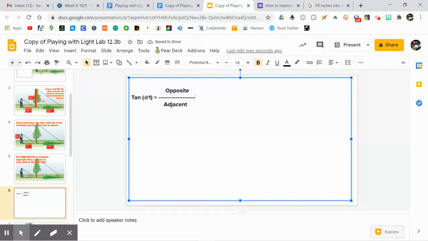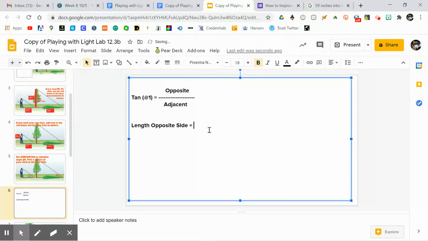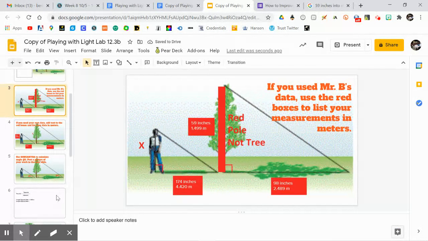It turns out that the length of the opposite side is equal to 1.499 meters, and the length of the adjacent side is equal to 2.489 meters.